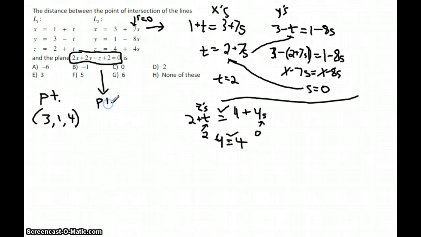We have our point, we have our plane. Now we need to be able to find the distance between these two. And there's a formula that we use. We derived it in class.